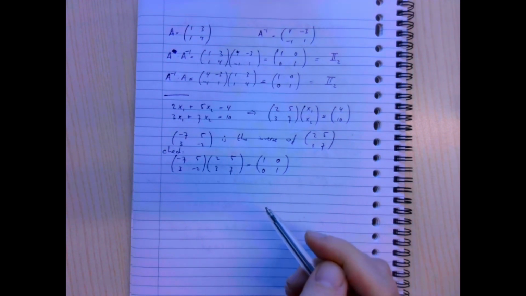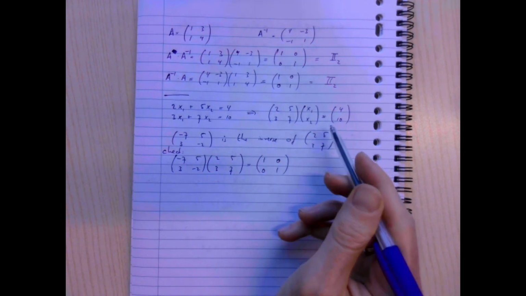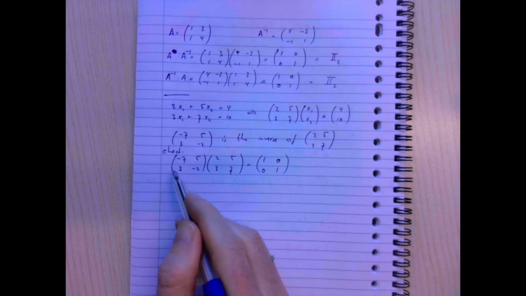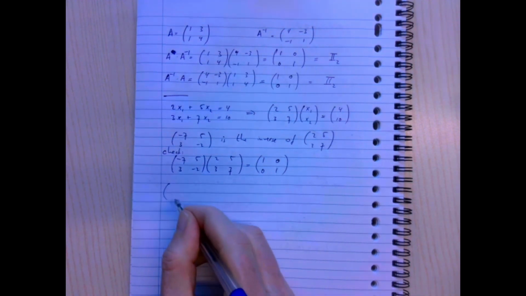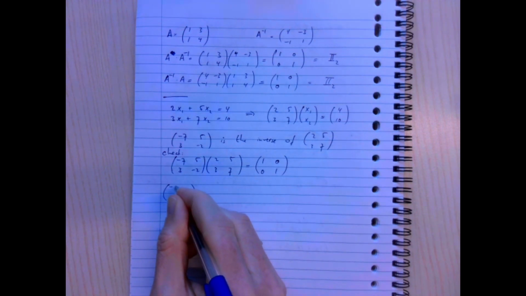Now we can actually solve, because we started out with this system of equations. What I'm going to do is multiply this whole system by the same inverse matrix on the left-hand side and on the right-hand side. So let me write this out in full.